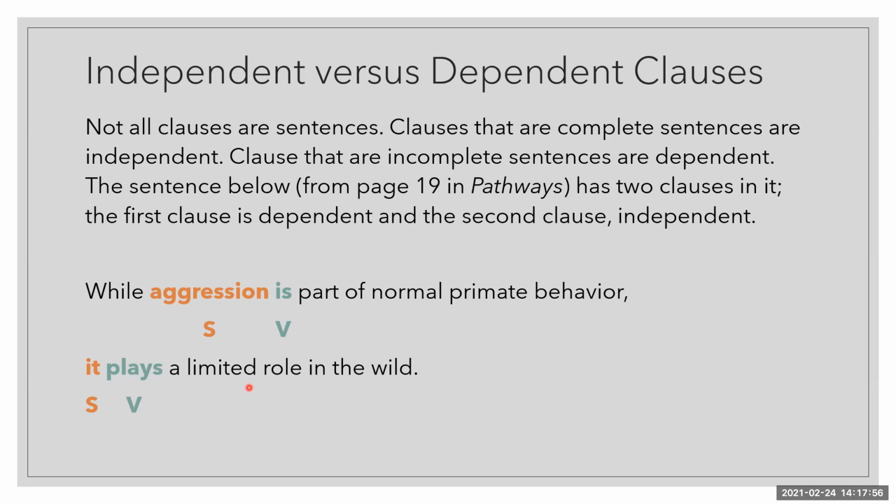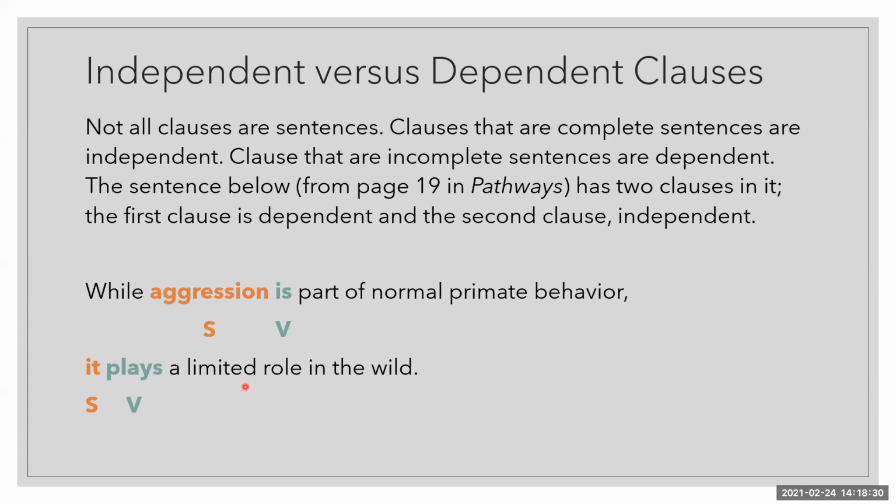One way is to say the clause out loud to yourself and see if it makes sense as a standalone sentence. So for example, if I said, it plays a limited role in the wild, I may not know what it refers to, but other than that, the sentence makes sense. However, if I said, while aggression is part of normal primate behavior, I'm left waiting for more information to follow. So that's one way to identify whether a clause is dependent or independent.